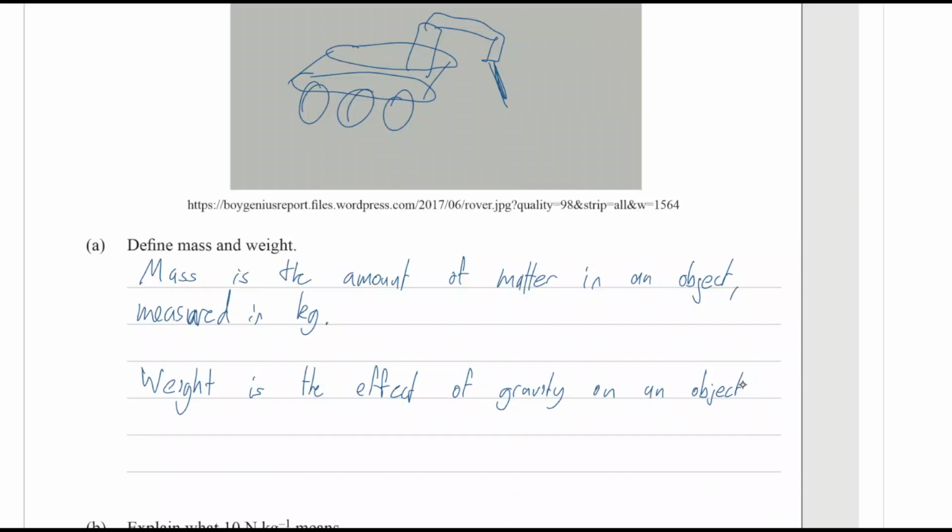But that's assumed when we say an object, and that's measured in newtons, right? Capital N for newtons. So, for example, I have a weight of about 680 newtons, and that corresponds to a mass of 68 kgs when I'm on Earth.